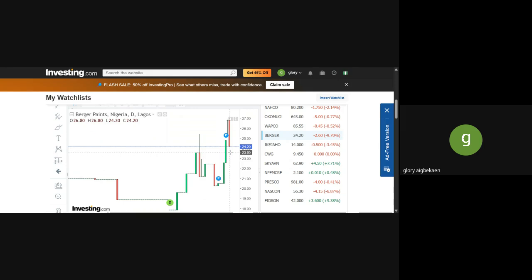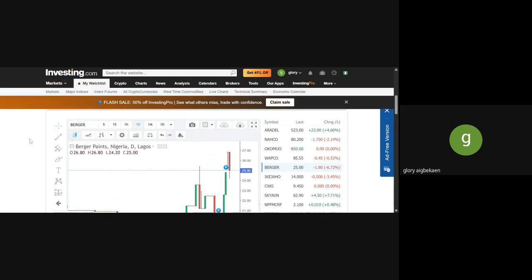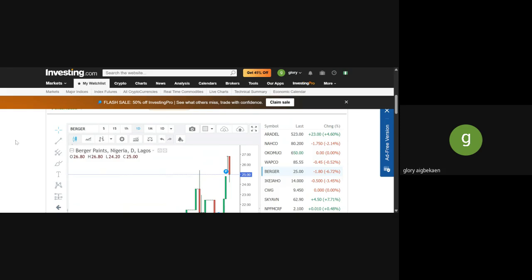The chart is saying a high of 26 naira 80 kobo, but I sold mine for 28 naira. It moved down today to around 24 naira something, but let's keep observing. That's just to show us. So let's go back to our trading platform now.